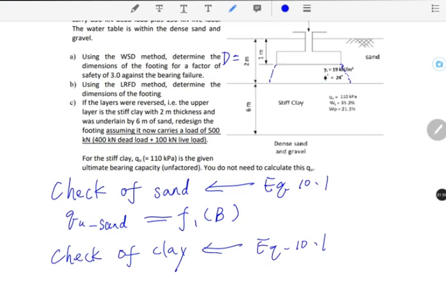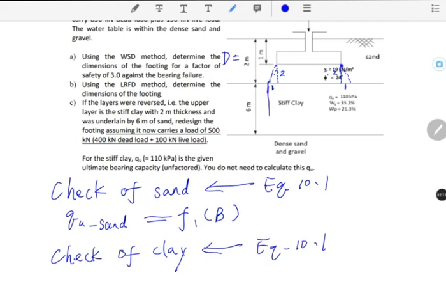There is a load transfer principle we usually assume for this kind of problem. We assume the contact pressure transfers from the bottom of the footing to the top of the stiff clay by 2-to-1 ratio, like this.